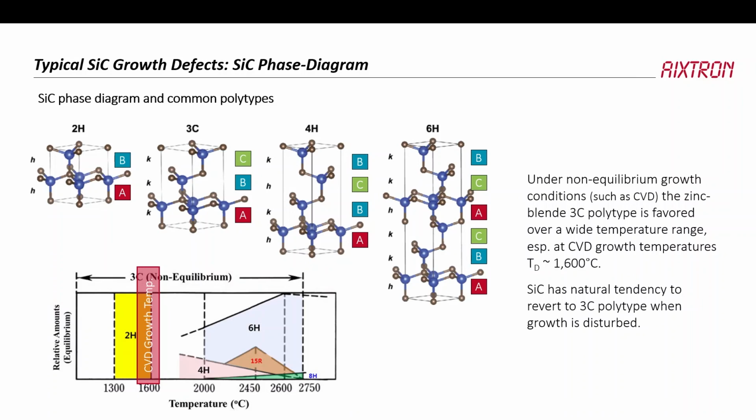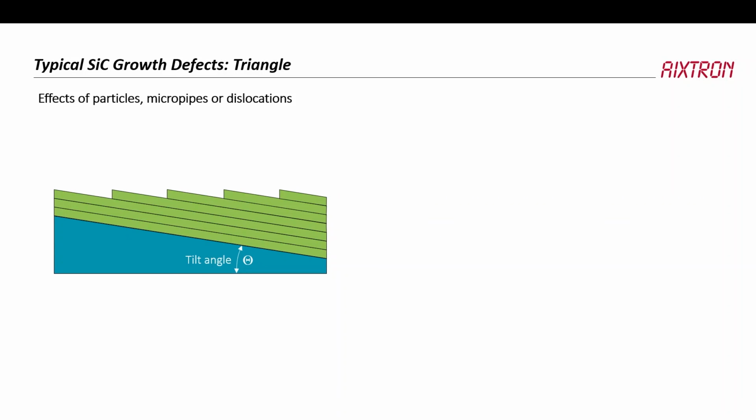3C is the one that unfortunately wants to grow all the time in non-equilibrium conditions, such as CVD, especially at the growth temperatures that we're looking at in CVD, which are around 1600 degrees. So any disturbance to my 4H growth will automatically result in a 3C crystal, or 3C inclusions, or 3C defects. So, for instance, effects of particles, micropipes, dislocations.